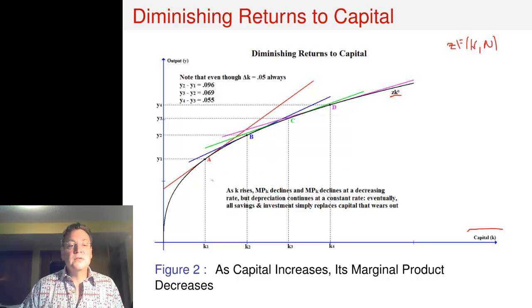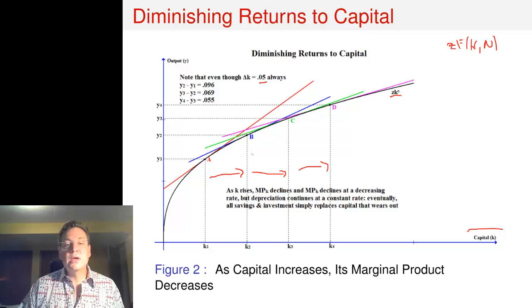And what does this say? This says that as the capital stock rises, and each increment from K1 to K2 to K3 to K4 I have rigged to be equal to 0.05. So as capital rises by 0.05, we can then look at this production function and ask, well, what happens to the increase in output? And initially, when output goes from Y1 to Y2, it rises by 0.096.